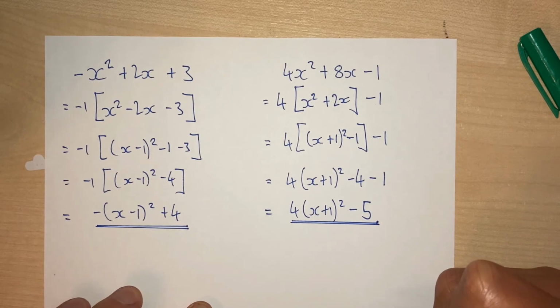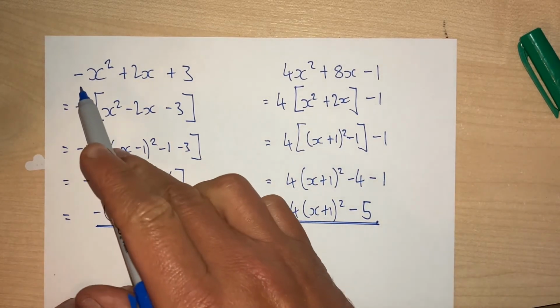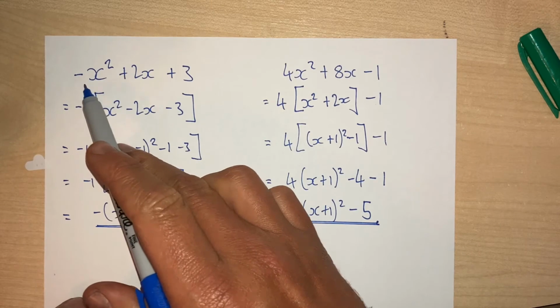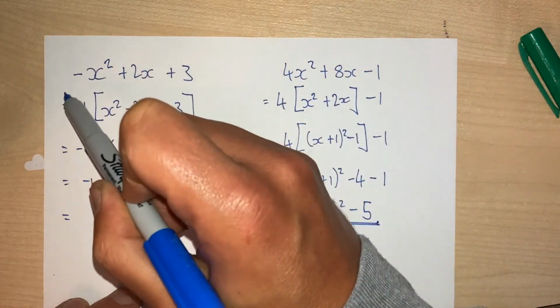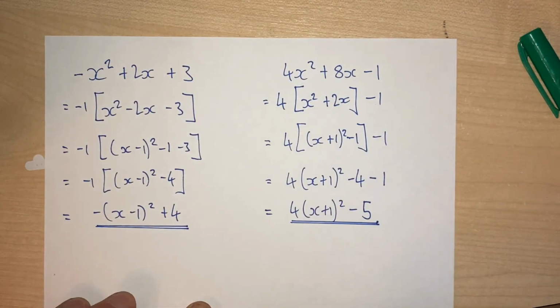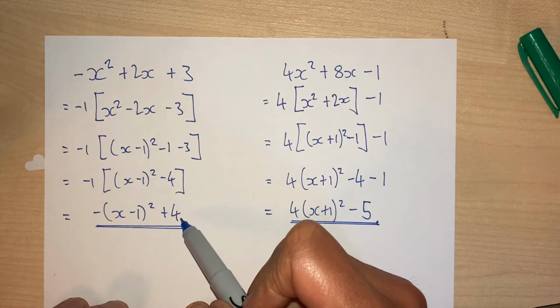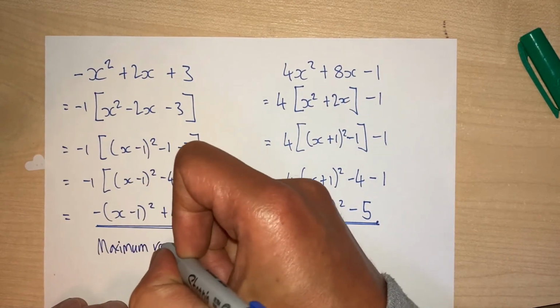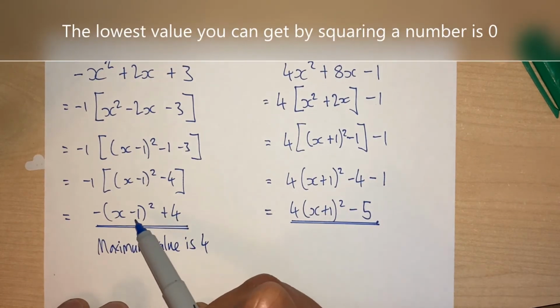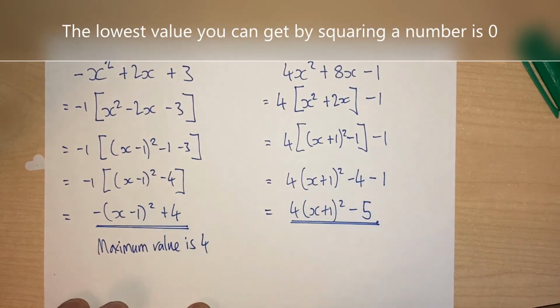One further question you might get asked is, if the coefficient of x squared is negative, what is the maximum value of this quadratic? And here we can see that the maximum value of this is 4. And this happens when the square is equal to 0.